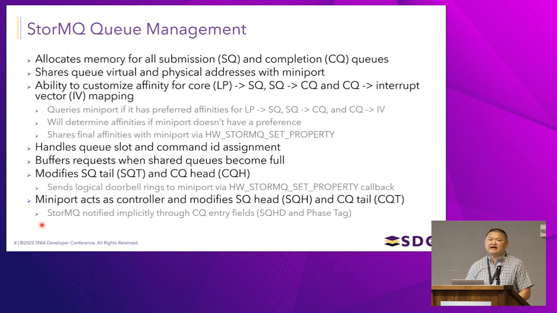And we will provide the ability for the miniport to customize the affinity for things like the logical processor to submission queue mapping, the submission queue to completion queue mapping, or the completion queue to interrupt vector mapping. If a miniport wants to customize that affinity, it'll provide callbacks that StorPort can call into to pass that information into StorPort, where it will apply it.